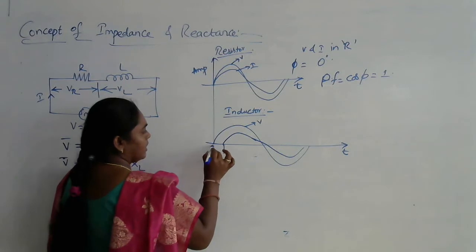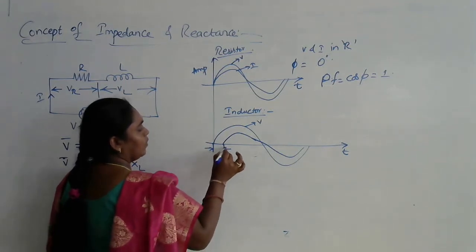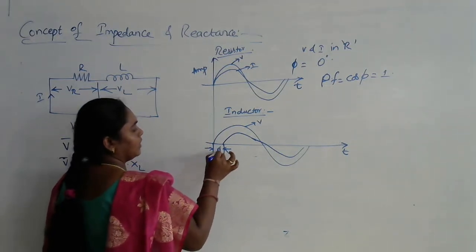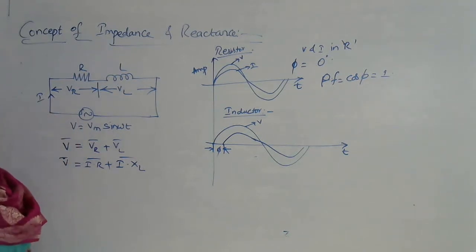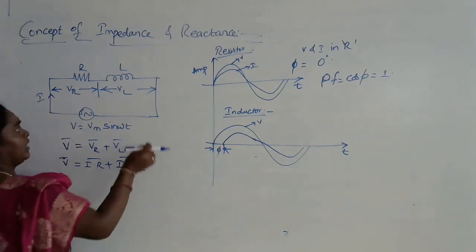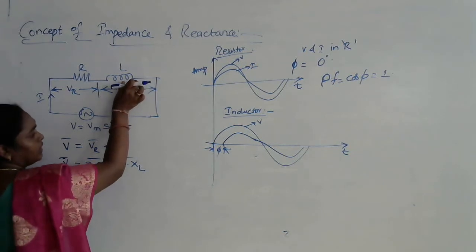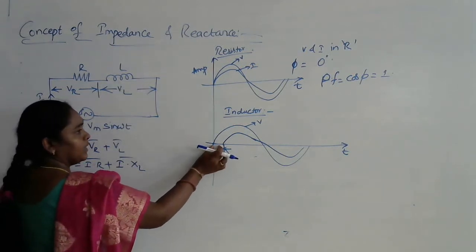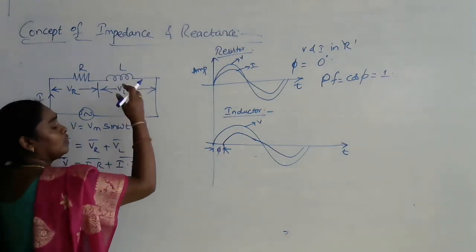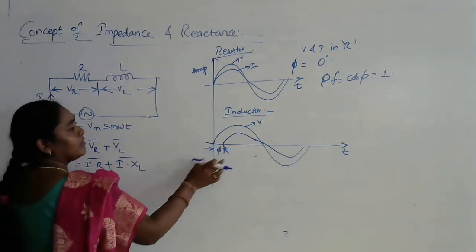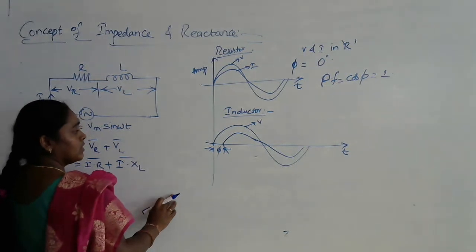So there is some angle between the voltage and current of an inductor. That angle is nothing but some phi. Now if we take a smaller value of inductance, this phi value will be lesser. If we go on increasing the inductor value to a larger amount, this phi value is going to increase.